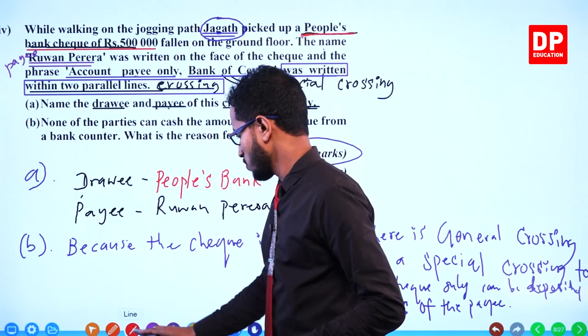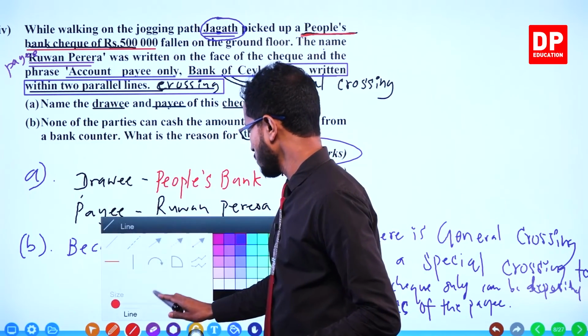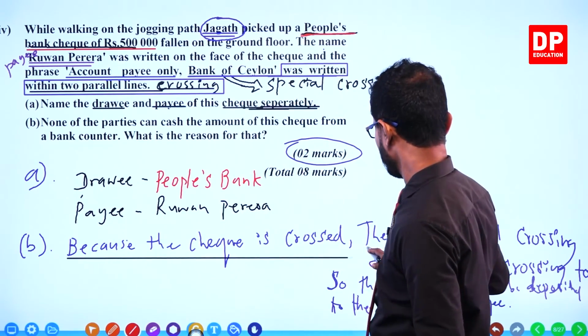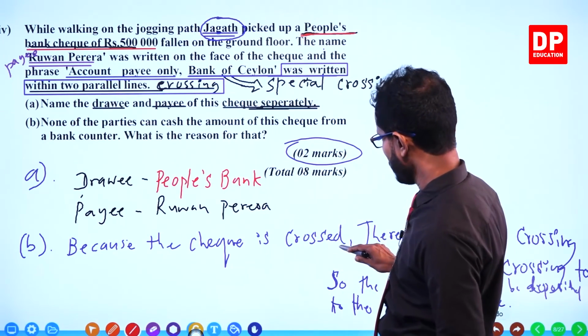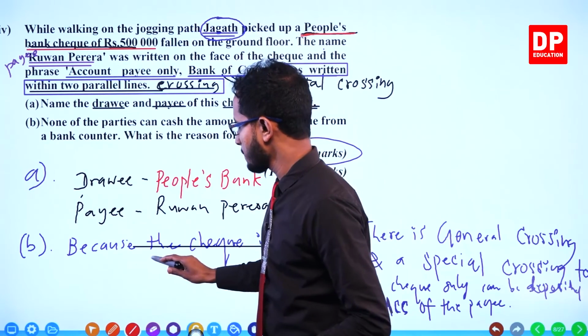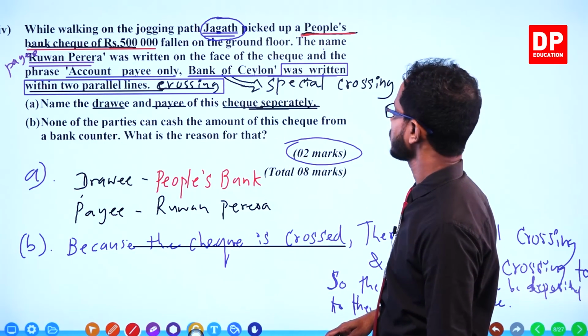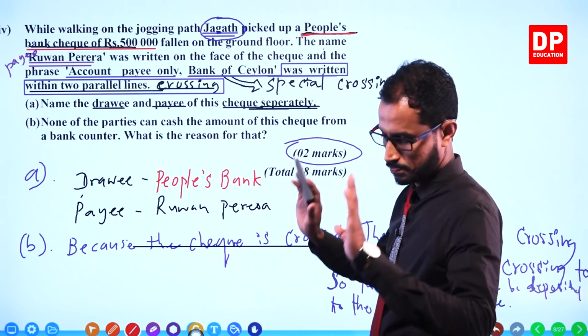Question B is also a very simple answer. Only this much is enough, children. Only up to here, see? Because the check is crossed. What is the reason for that? Because the check is crossed.